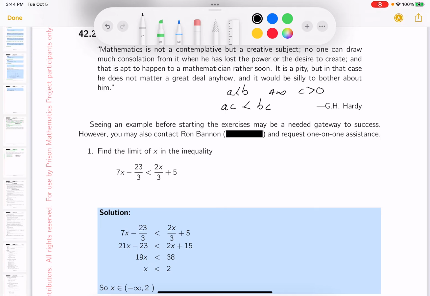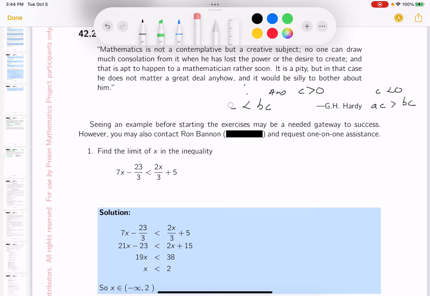However, if C is less than 0, and again, it's also explained in Wells's text, AC would be greater than BC. That's two of the facts that I've gleaned from reading through Wells's work.